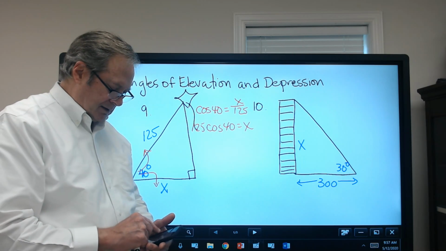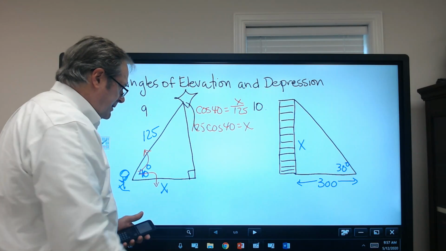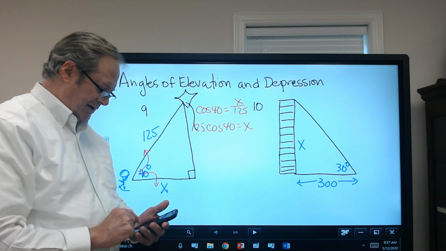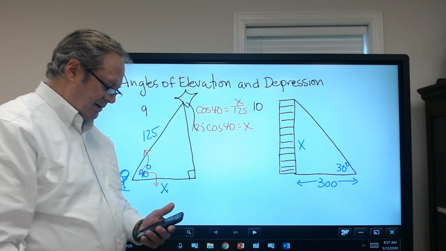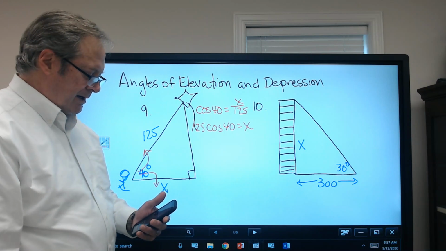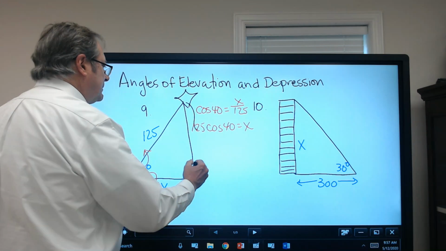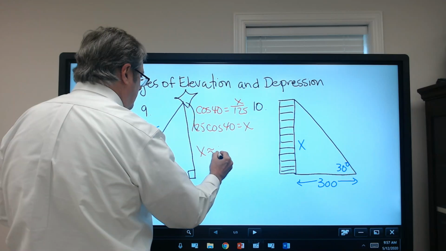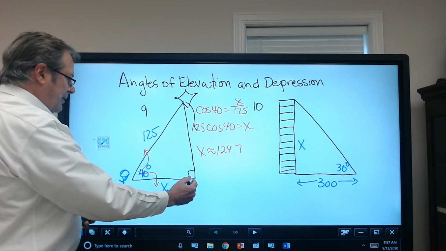Now I can go second quit. All right, so I want to do 125 times the cosine of 40. So 125 cosine of 40, hit enter, and I get 124.7 feet, or whatever the units were. And that's how far it is from here.